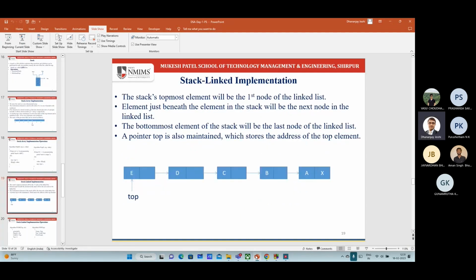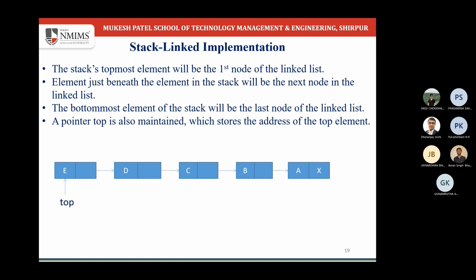Then if we talk about linked implementation of stack, it's pretty simple. The node containing the top element of the stack will be the first node of the linked list.